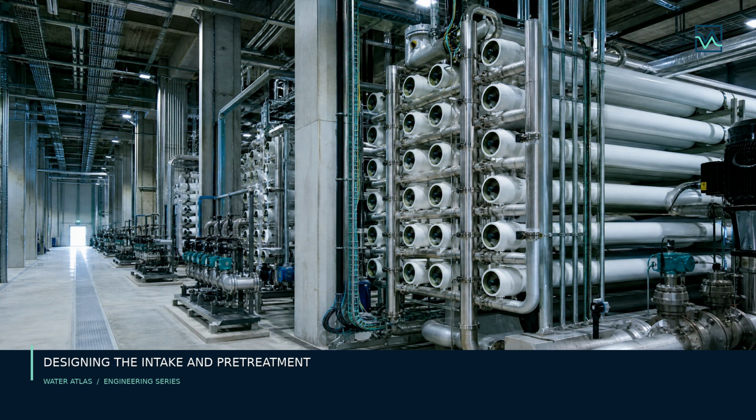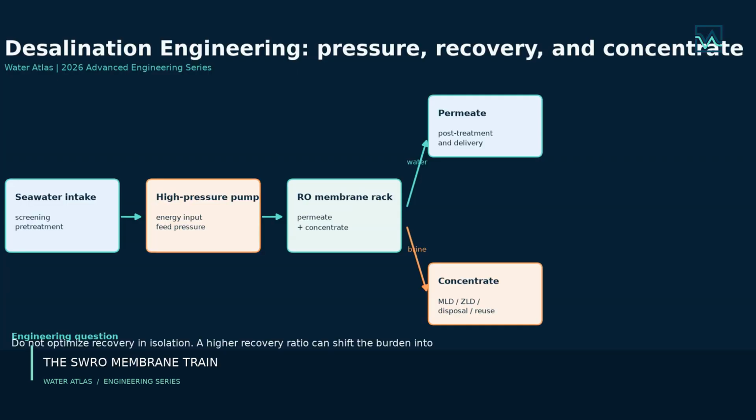Furthermore, precise chemical conditioning, including acid dosing for pH adjustment and specialized antiscalants, is continuously injected to prevent calcium carbonate, calcium sulfate, and silica precipitation on the membrane surface. Skipping or compromising pretreatment is the single fastest way to induce irreversible biological fouling and catastrophic flux decline.